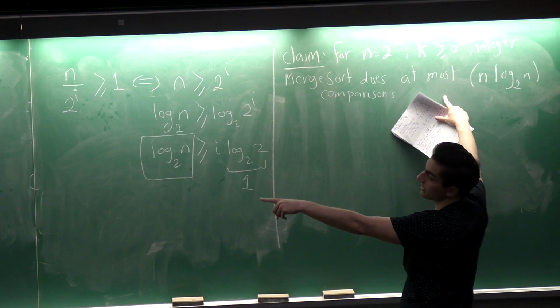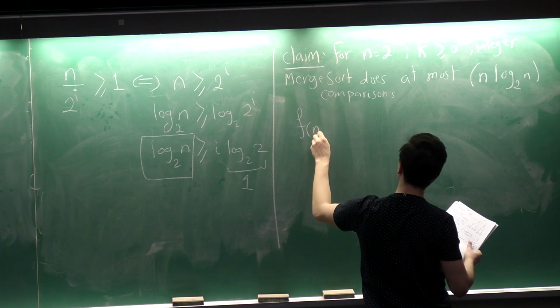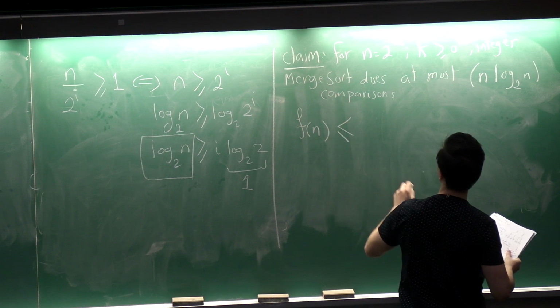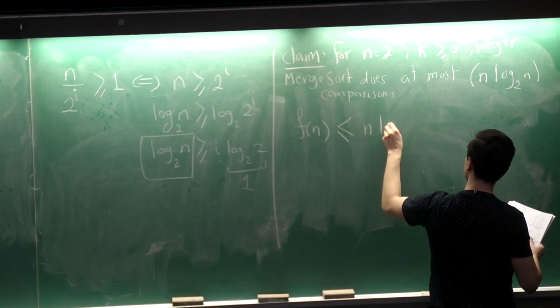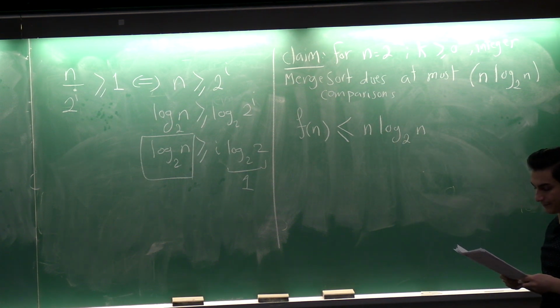Because we defined a function that counts how many comparisons, we're just saying that f(n) is smaller or equal to n log base 2 of n.